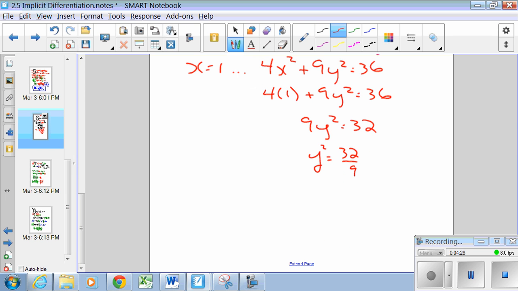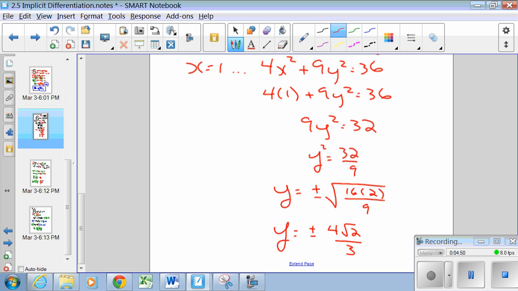And this is where it's now a relation, not a function. I'm going to have plus or minus the square root of 32. And instead of 32, I'm going to write this as 16 times 2, so I can simplify a little bit. Divided by 9. So my y value is plus or minus 4 root 2 over 3.